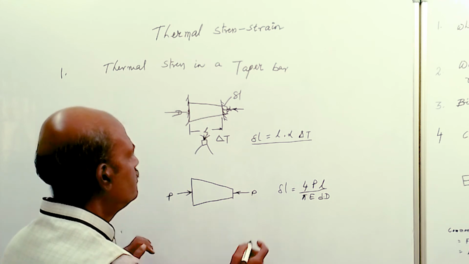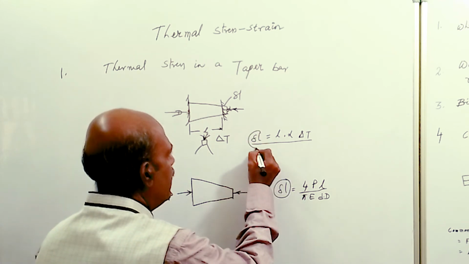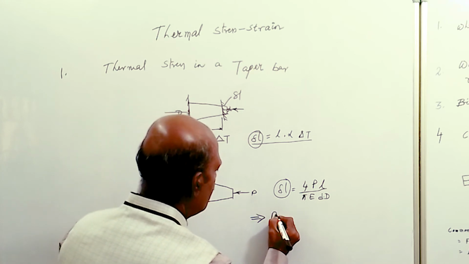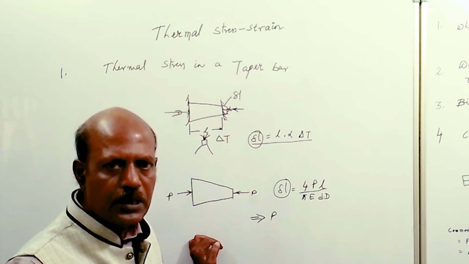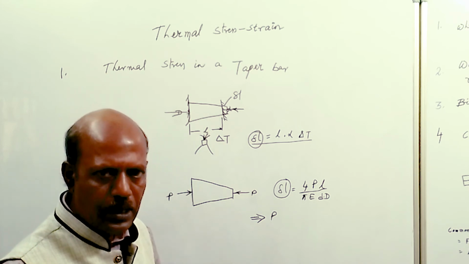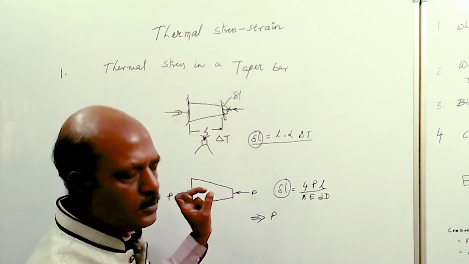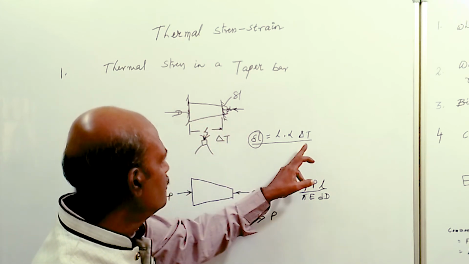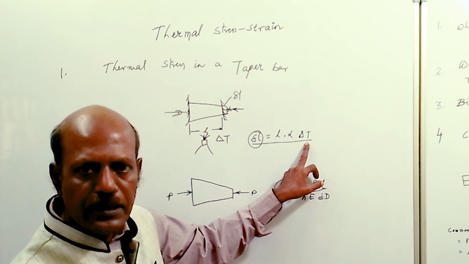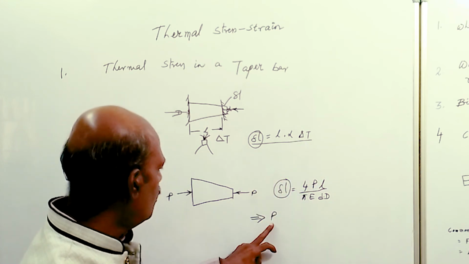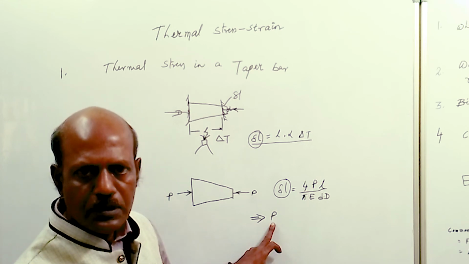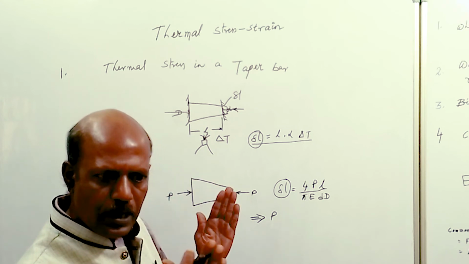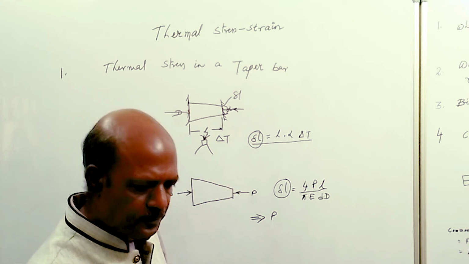Now if we equate these two delta L, we can find the load developed in the bar, or the thermal load developed in the bar, because of this much expansion or because of rise in temperature delta T. So we have got the force developed in the bar, or the force applied by the support on the bar.